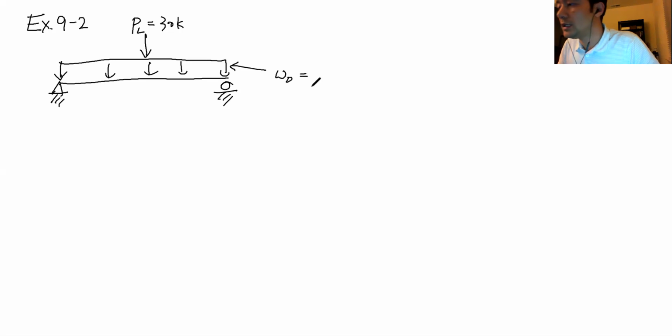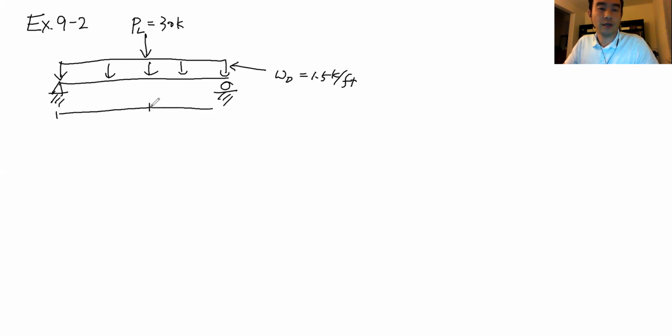So WD is 1.5 kips per foot, the intensity of the dead load. The span length is 30 feet, and the live load is applied right in the middle, so this is 15 feet and 15 feet. And Fy is equal to 50 ksi.